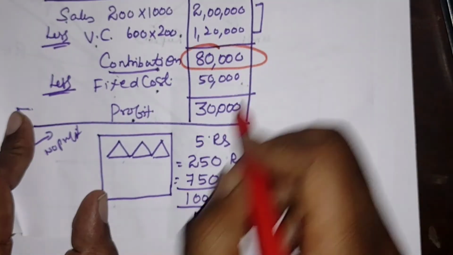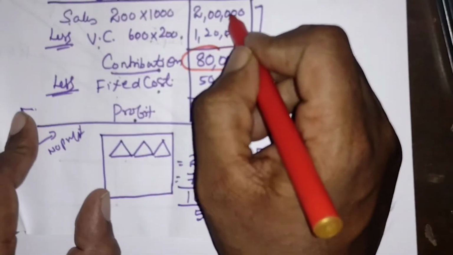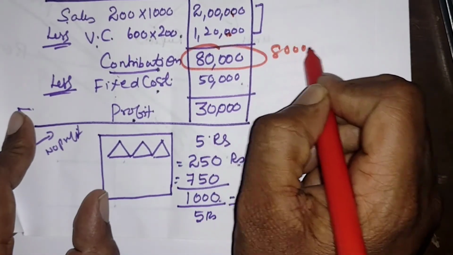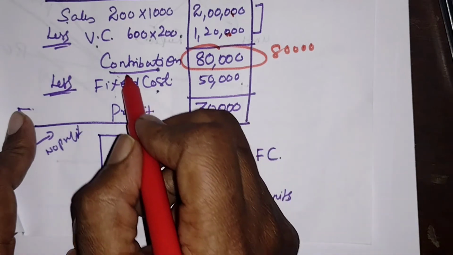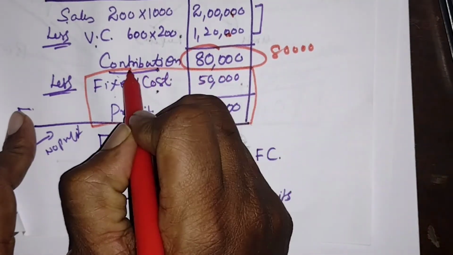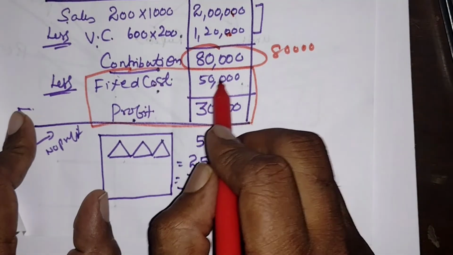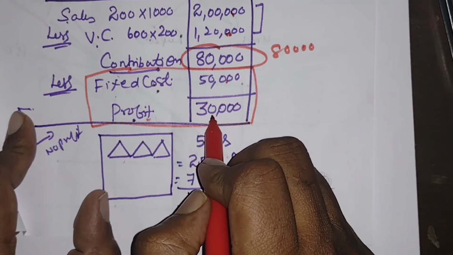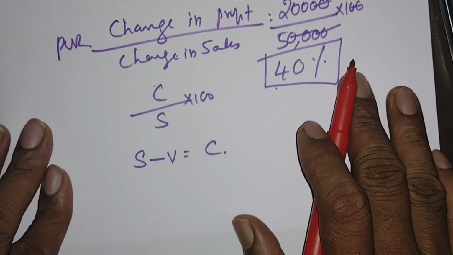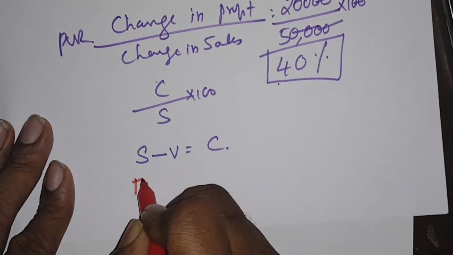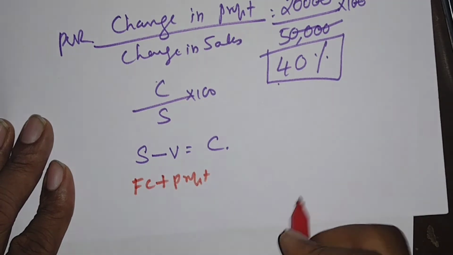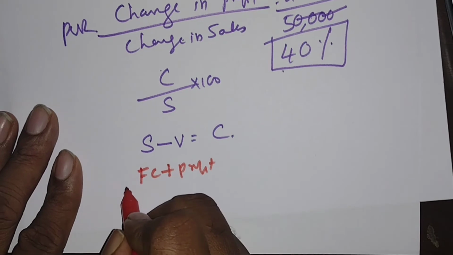How did I get this 80,000? 2 lakh minus 1,20,000. I get 80,000. Next, we have another concept: fixed cost and profit joined together, you get the contribution. Fixed cost 50,000 and profit is 30,000. Therefore, another formula we have for this is fixed cost plus profit. Then also you get the same 80,000.